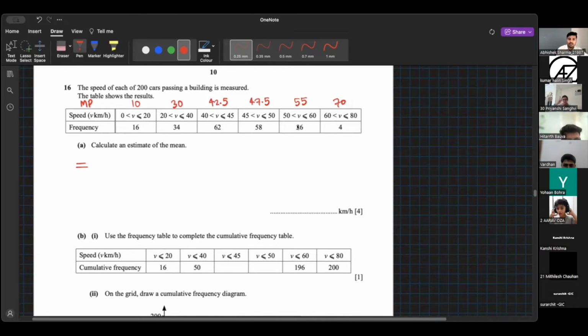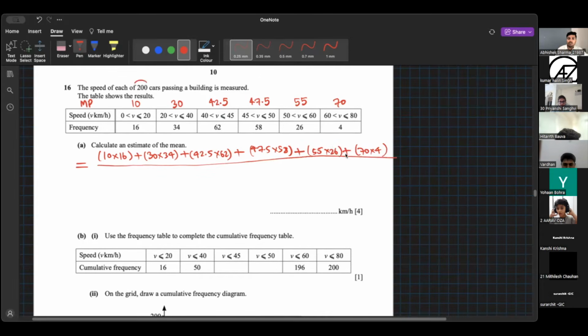Then we have to find the mean. The mean is basically the sum of all observations divided by the total number of observations. So we will multiply the midpoint with the frequency. 10 into 16 plus 30 into 34 plus 42.5 into 62 plus 47.5 into 58 plus 55 into 26 plus 70 into 4, whole divided by the total number of observations.